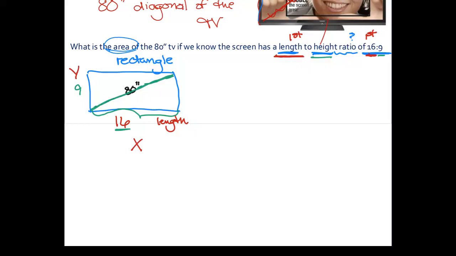What is that 80-inch diagonal divided into? Two triangles. What kind of triangles are those? Right triangles. Yeah. Okay, so if I have a right triangle, do you remember some formula from your past that talks about right triangles and how to find the sides? No? Yes?